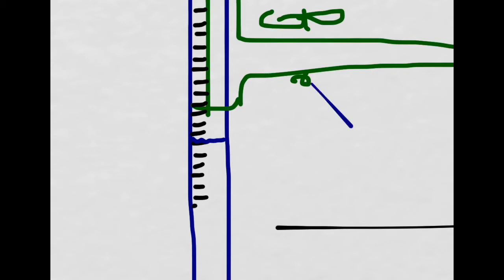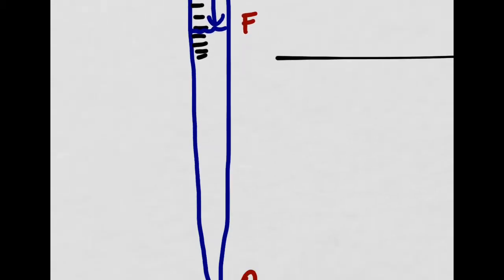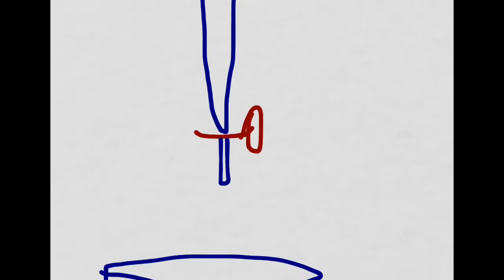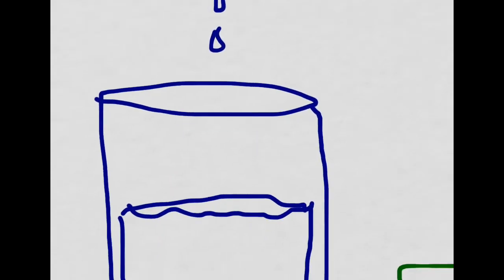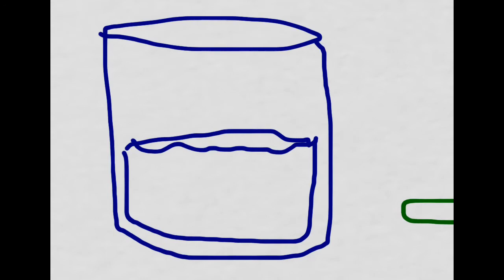If I simply measure the amount that I had initially, so I'll call that I, and then I dispense some amount of it, that's going to be my value F, so let's say it goes down from here to here, I'll be able to know exactly how many milliliters of material I've dispensed, there's a drop of it coming out, into my beaker. Okay?